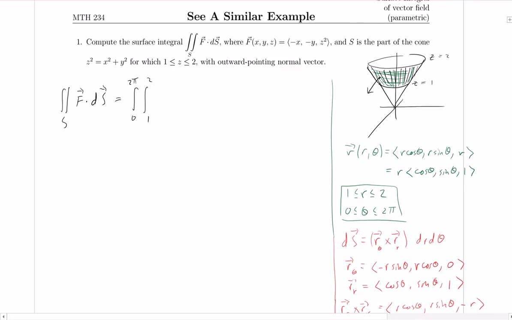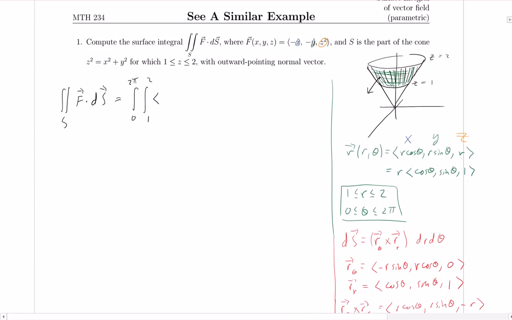Now for F, in our parameterization we have x, y, and z, and we'll want to substitute for x, y, and z the functions from our parameterization.